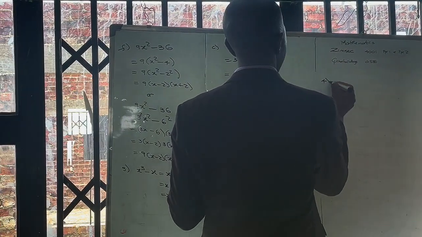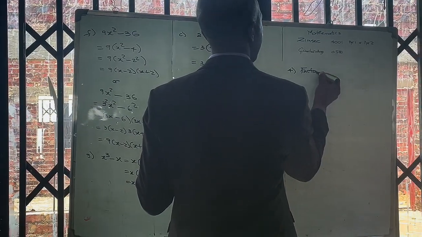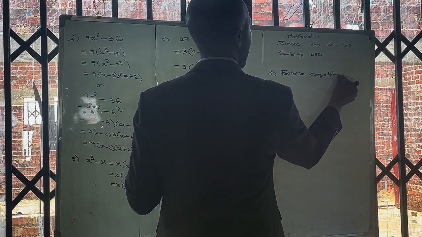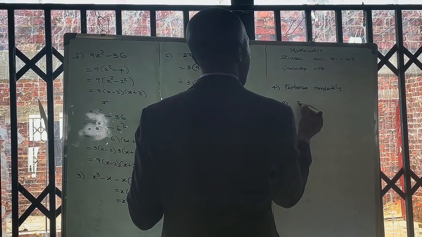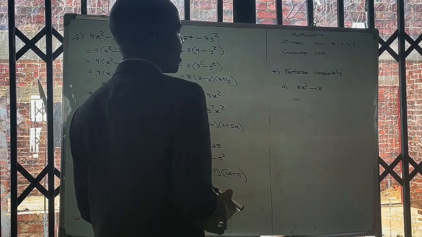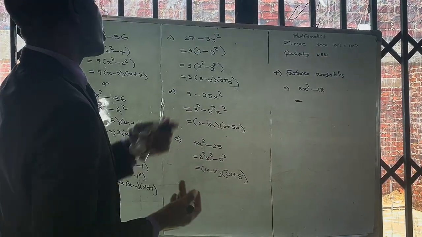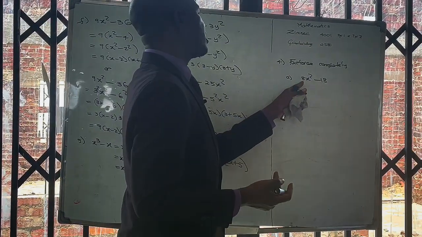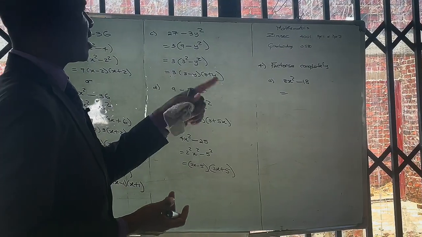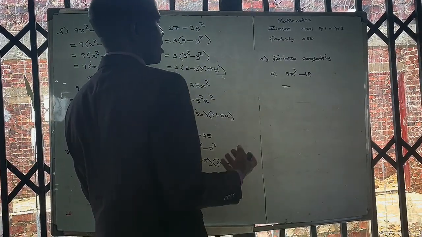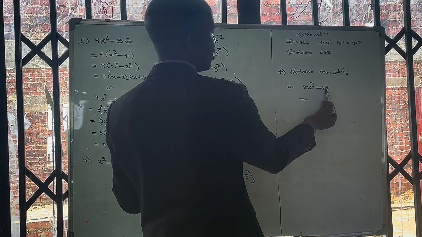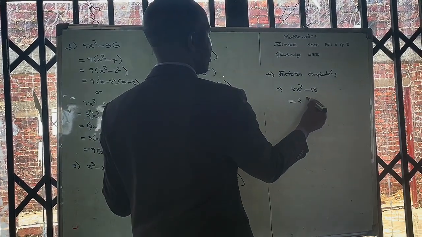Let me call that number 4. Factorize completely. What are we factorizing? 8x squared minus 18. 8 is not a factor of 18. Which number then goes into 8 and 18? The biggest. 2 can go into 8 and 18. 4 goes into 8 but not into 18. So 2 is the highest.